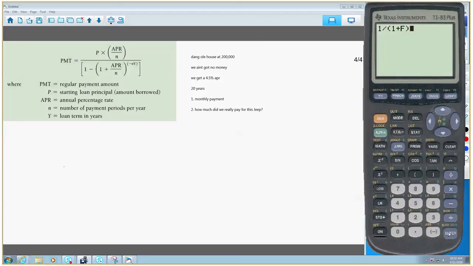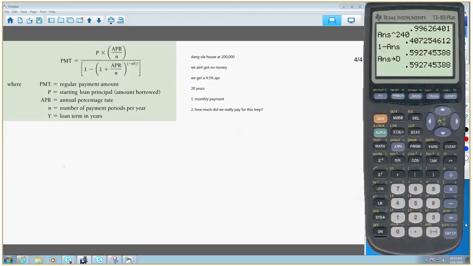And that's equal to that number. Raise that to the 20 times 12, which is 240. And that's that number. And then 1 minus that number is 0.5927. Store alpha D.